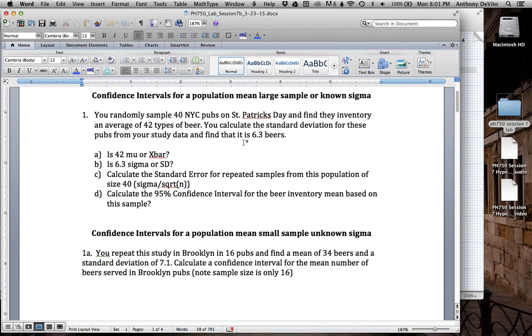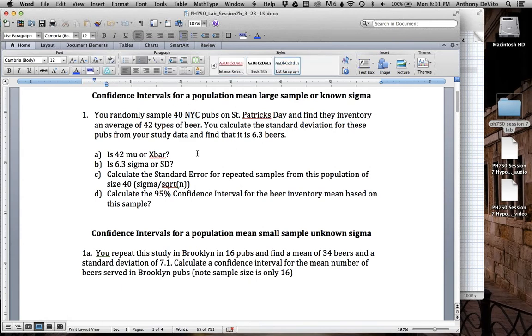In other words, you have 40 numbers, and you take the average for the mean, and you calculate the standard deviation for those 40 numbers. Because you don't know, for all of the pubs in New York City, the mean or the standard deviation. So we don't know sigma here. But we do know that for the 40 pubs we sampled, the standard deviation is 6.3.